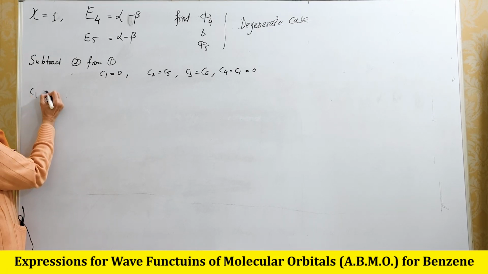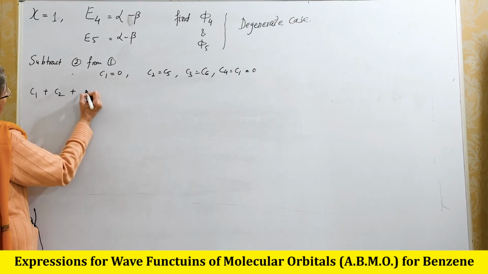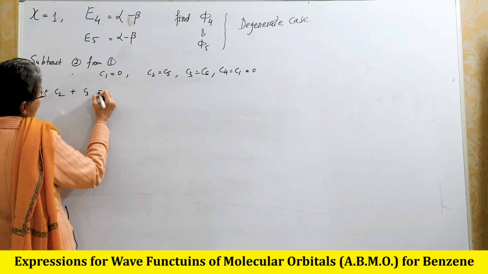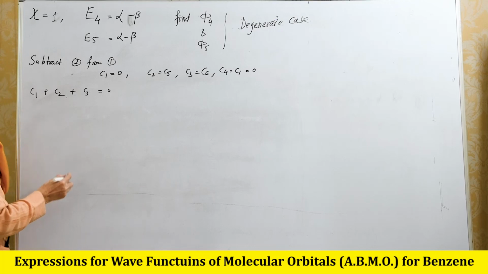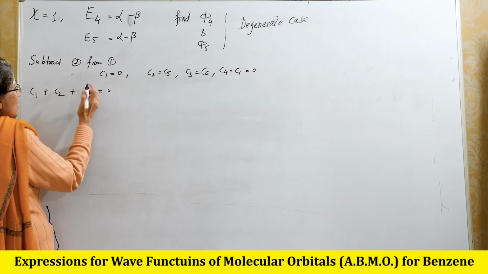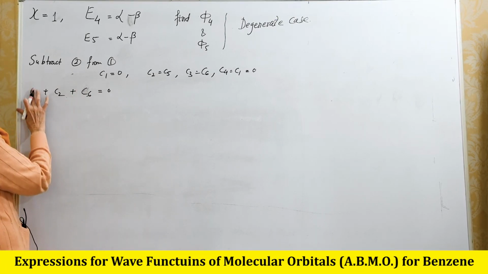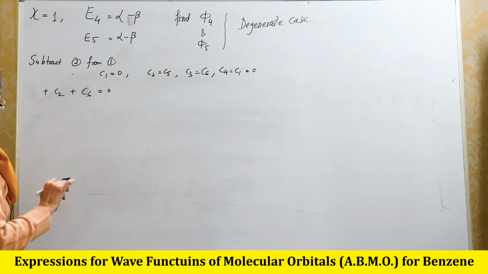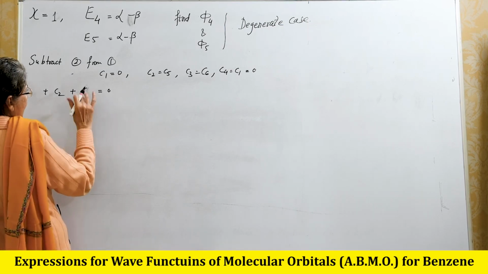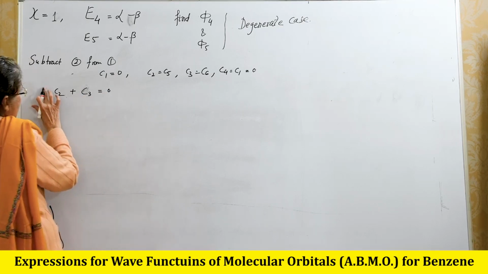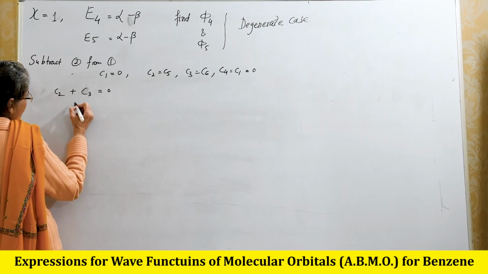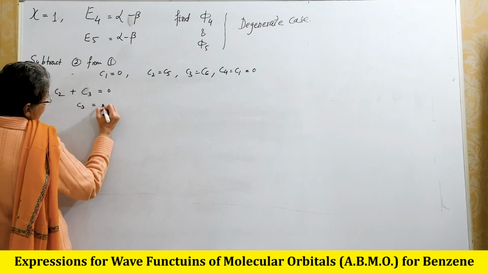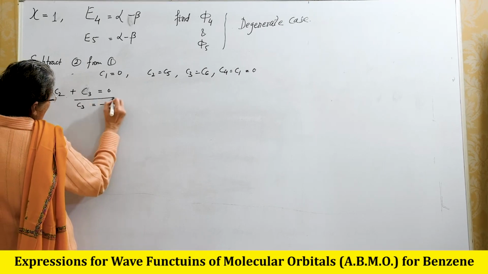Then we put C1 plus C2 plus C3 equal to 0, where C1 is 0, and we can write that C2 plus C3 is equal to 0. Therefore C3 is minus C2.